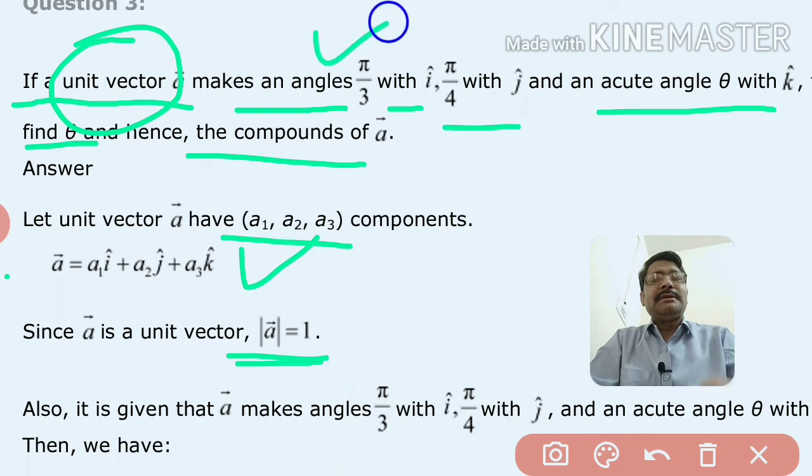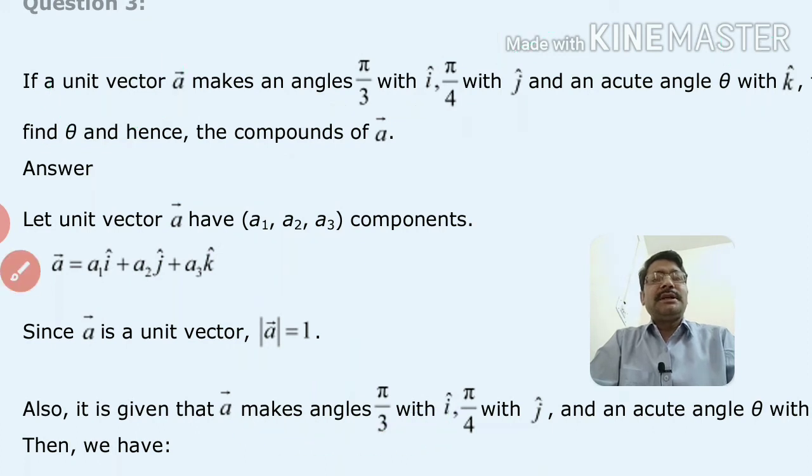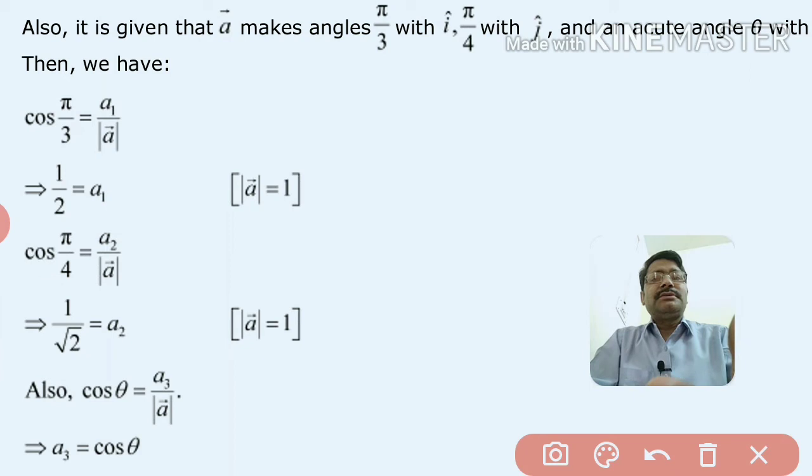Here it is given that A makes angle pi by 3 with i, pi by 4 with j, and acute angle theta with k. Now we know that cos theta equal to a1 upon modulus of A. So cos pi by 3 will be a1 upon modulus of A, and modulus of A is 1 because that is given in the question.